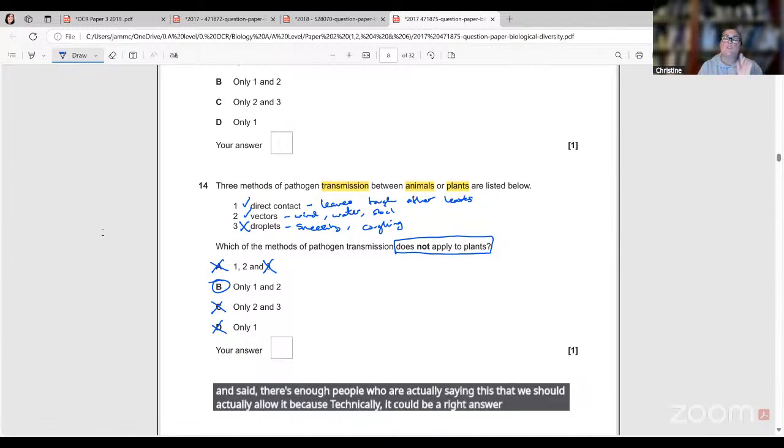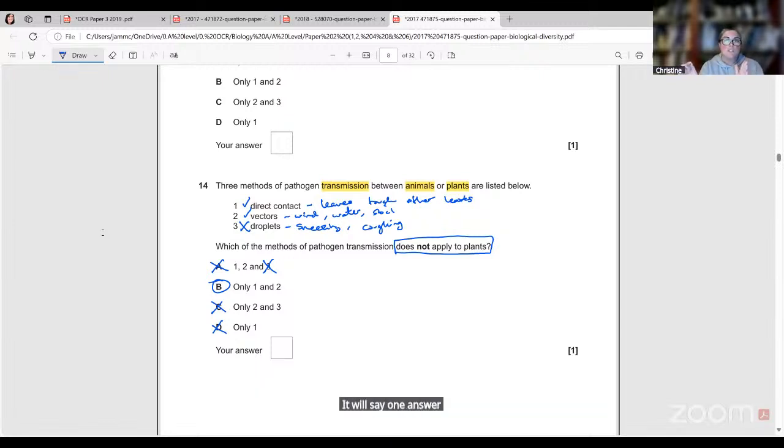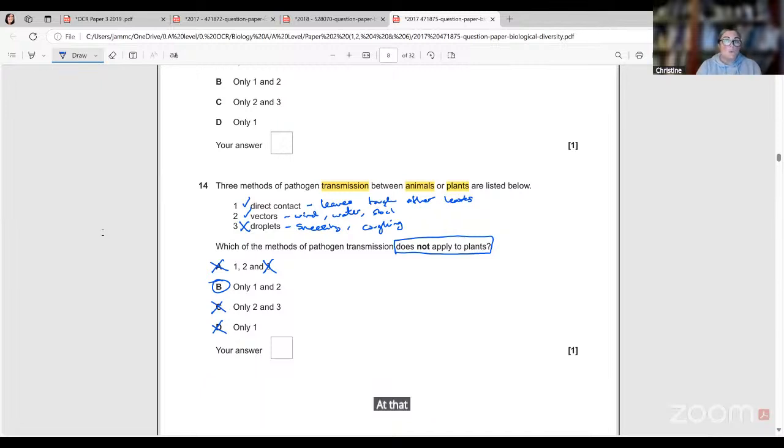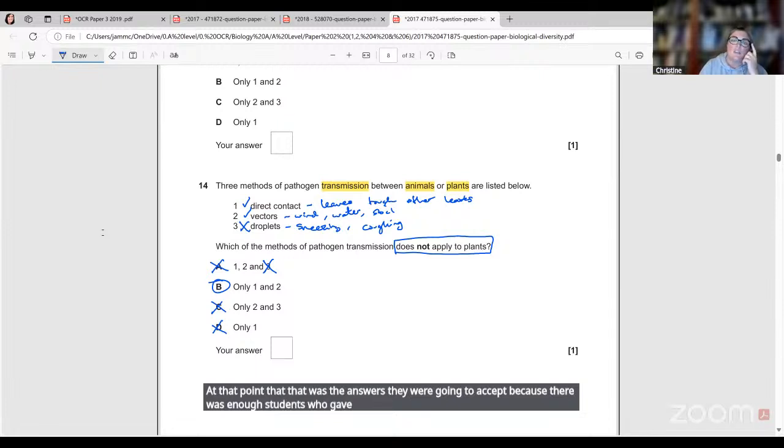And this is why sometimes when you look at a mark scheme, it will say one answer, and then after that for the multiple choice, it'll say, oh, but allow this one as well. And that's because the examiners who marked it at that point in that year, they made the decision at that point that that was the answers they were going to accept, because there was enough students who gave those answers, and therefore that is why the mark schemes may seem very specific one year, students memorize them, and then the next year they don't get the same answers or get credited for the same answer.